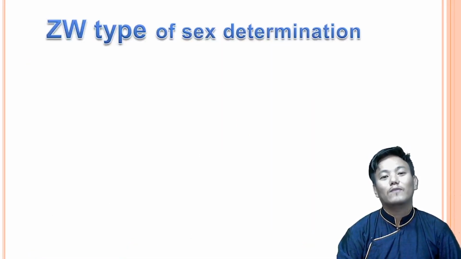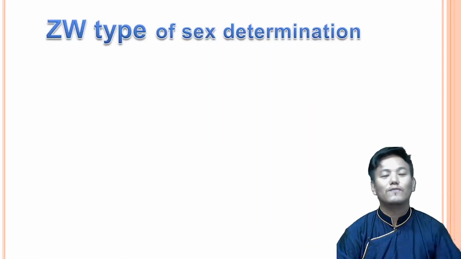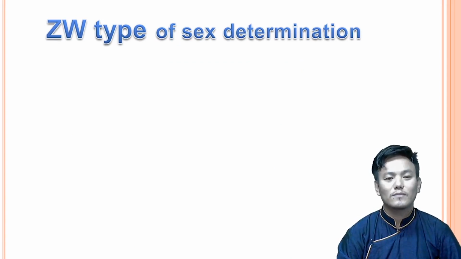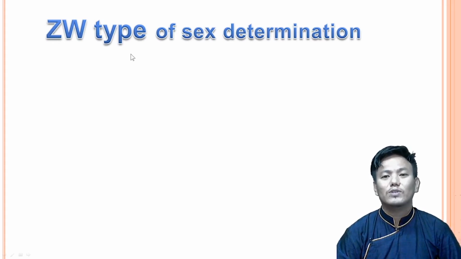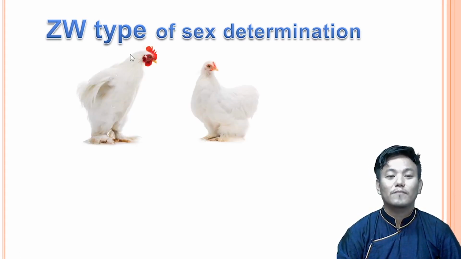Now, the third type of sex determination mechanism, which is a little bit different from the previous ones, is the ZW type of sex determination mechanism. ZW type is found in birds. So we will take the example of domestic chickens.